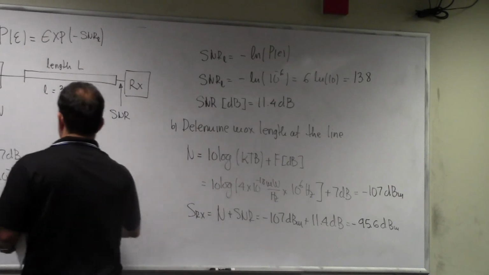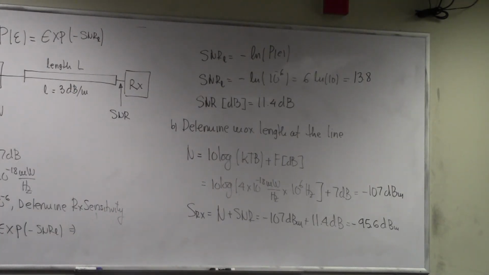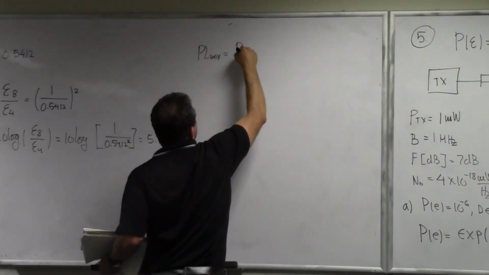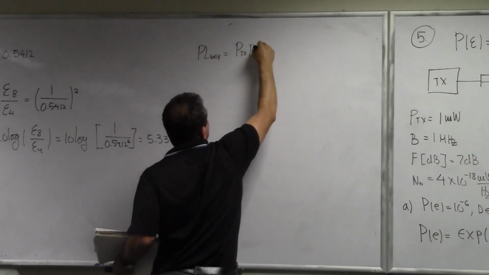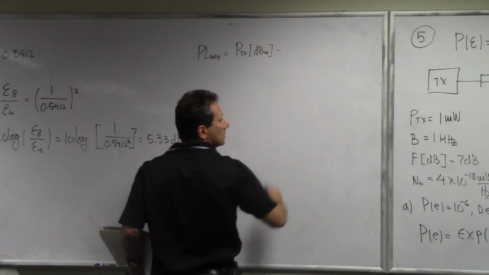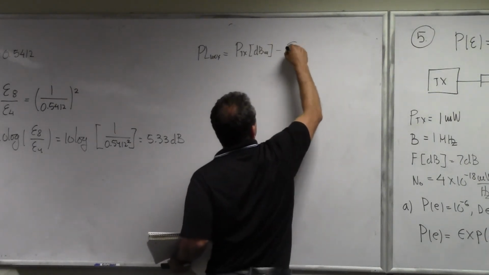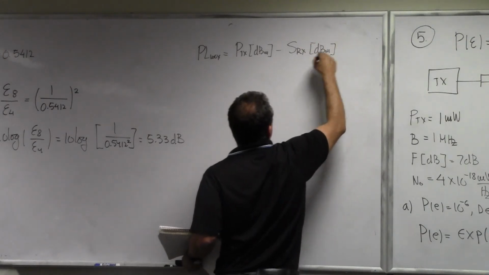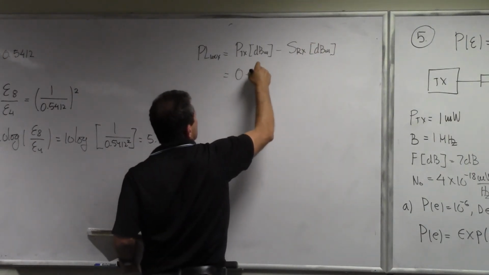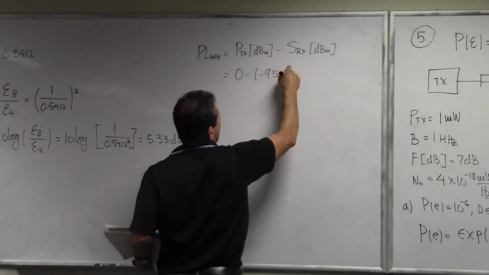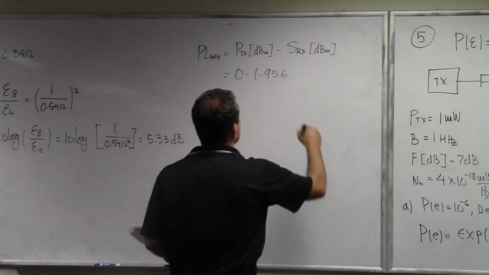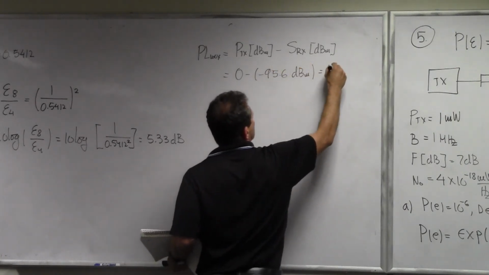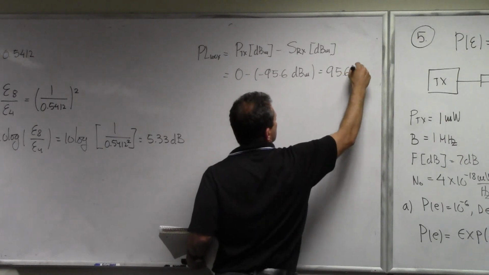And then what is the path loss that I can sustain? The maximum path loss is going to be whatever is the transmit power in dBm minus the signal at the receiver, Rx dBm. So this ends up being 0 minus minus 95.6 dBm, so this is 95.6 dB.